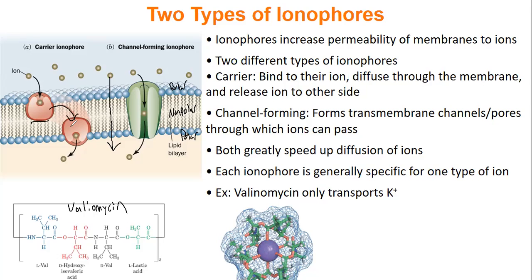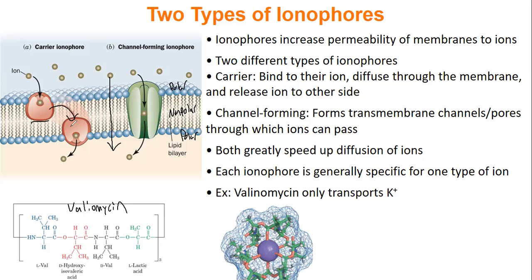The cool thing about these ionophores is that they are very specific. The things inside the cell are at very specific concentrations, and different ions can send different signals to your cell. So you want to be very careful about what you're transporting at any given time. These have been molded over millions and millions of years to carry only one type of ion.